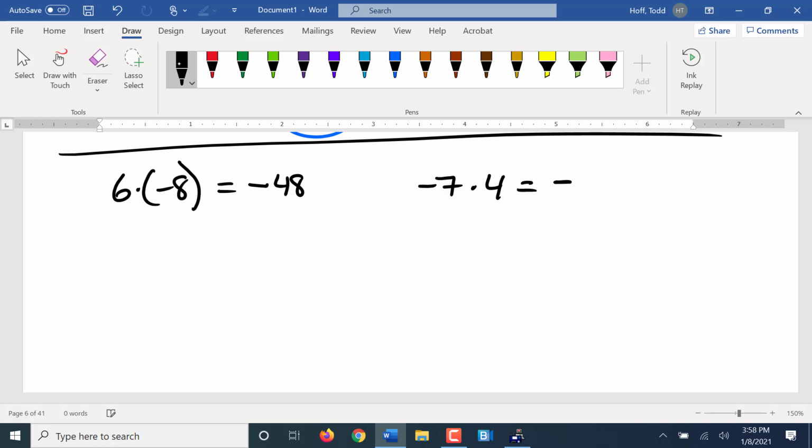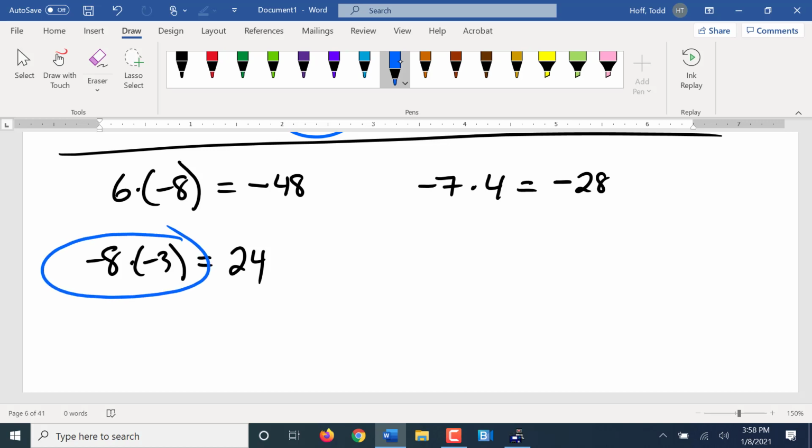A negative times a positive is a negative. 7 times 4 is 28. Negative 8 times a negative 3. First of all, positive or negative? Positive, and 8 times 3 is 24. So remember, when we're dealing with multiplication, if they were both negative or obviously both positive, the result was positive. If there's one of each, the result is negative.